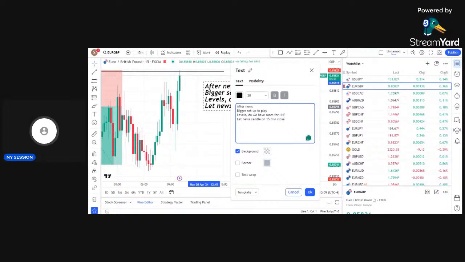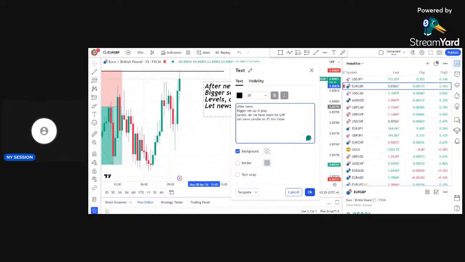So those are the first requirements, and then we look for the first bounce opportunity, which is just a retest for the continuation. Now we'll look at that later. For now, we just have to stick to, after the news, a bigger setup in play.